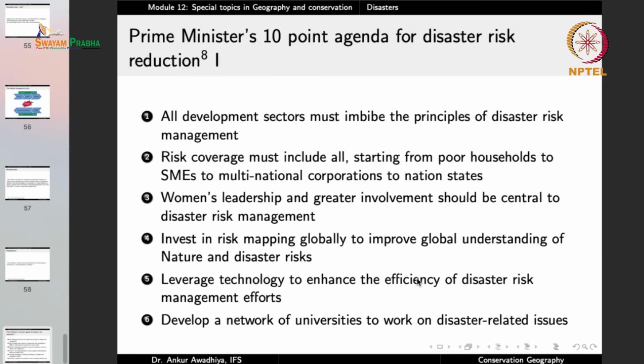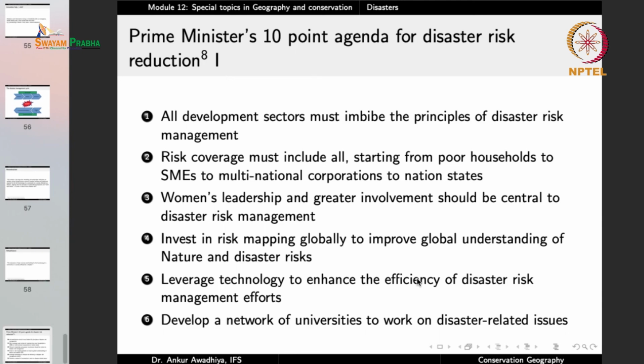It includes points like all developmental sectors must imbibe the principles of disaster risk management. Risk coverage must include all, starting from poor households to small and medium enterprises to multinational corporations to nation states. Women's leadership and greater involvement should be central to disaster risk management. So we need to make use of women's leadership. We need to involve them.